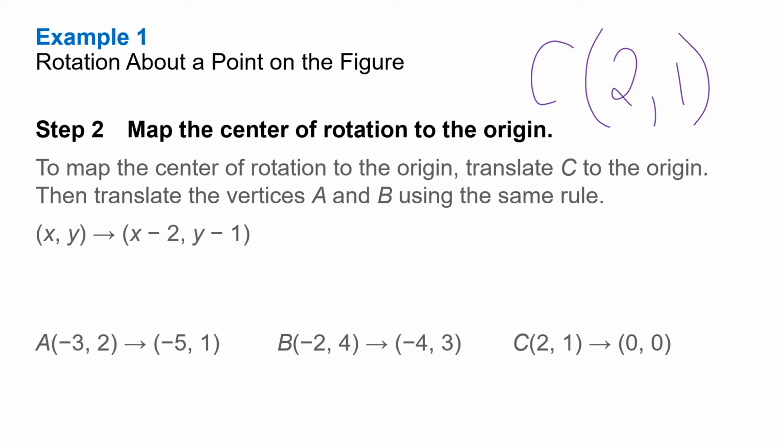Point B is located at -2, 4, so we subtract 2 from the x coordinate, which means we end up at -4, and then subtract 1 from the y coordinate, which means we end up at -4, 3. And C at 2, 1 goes to the origin 0, 0.